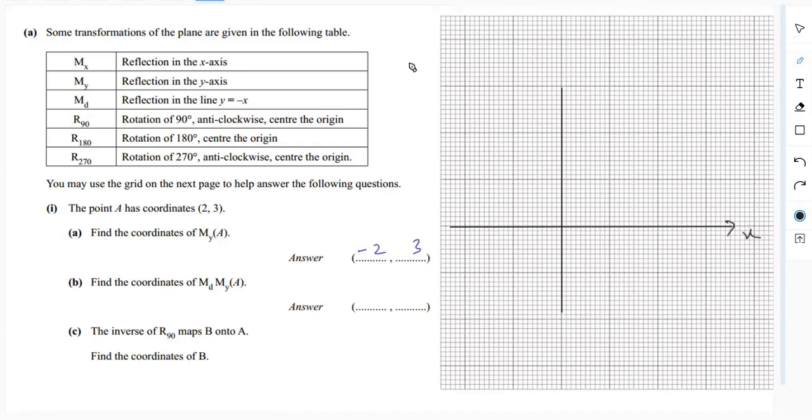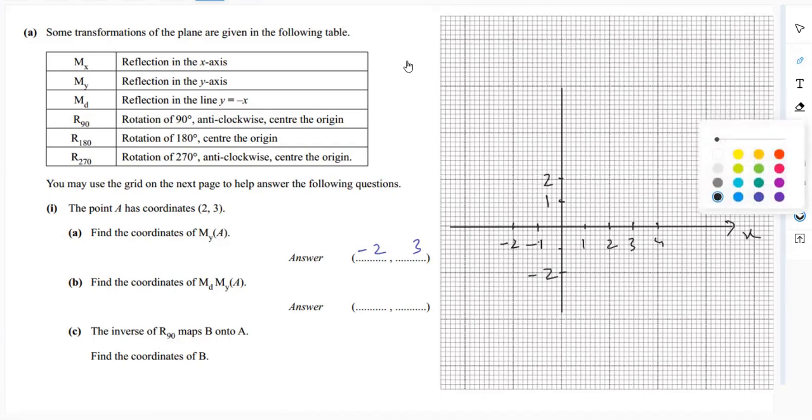So this is x, and let's say this is 1, 2, 3, 4, -1, -2, 1, 2, -2. Okay, where was the point 2, 3? The point 2, 3 was somewhere here. So that's your point A. Where will it go when reflected? It will go to the left side. It goes to -2, 3. This is what happens when it's reflected.